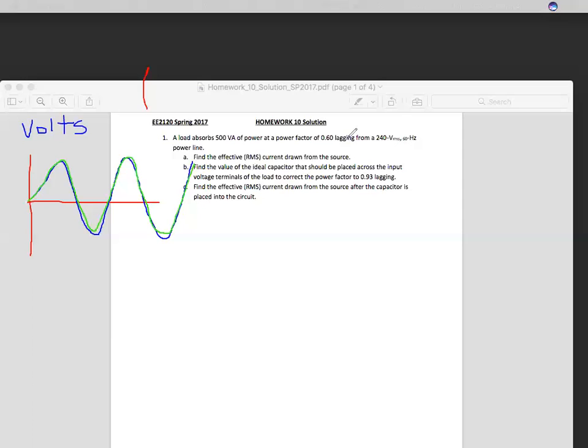The current is lagging the voltage due to an inductive load. So we have the current lagging at a point at 0.6, which, as we get into this lesson, will mean something more. So, kind of explain what it is. Here's that too.